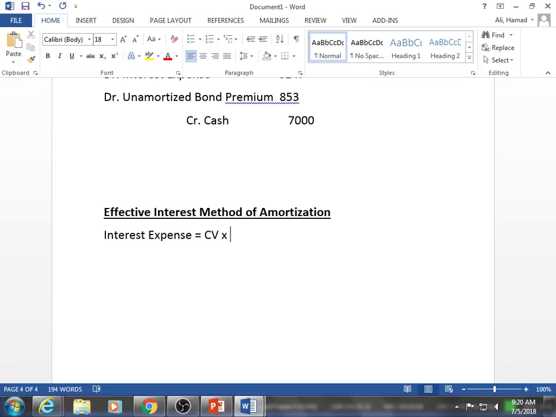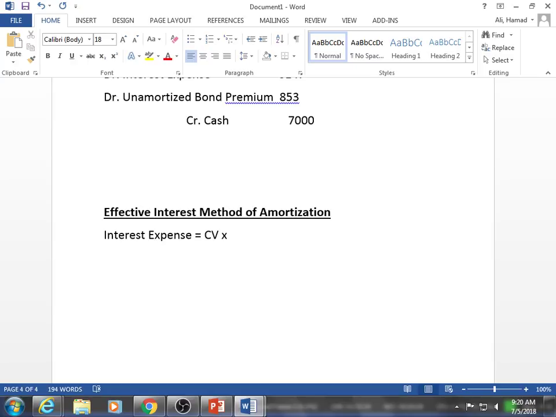The market rate. Because the market rate is the effective interest rate. That's why it's called the effective interest method of amortization, because we're using the effective interest rate, which is the market interest rate.